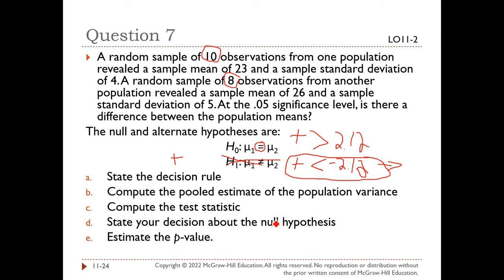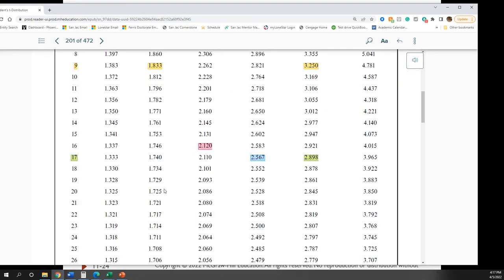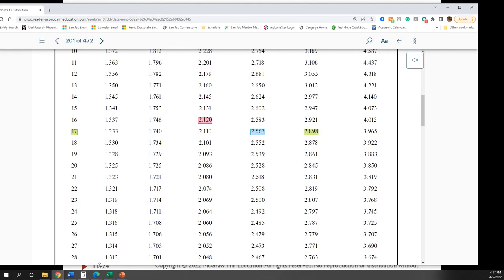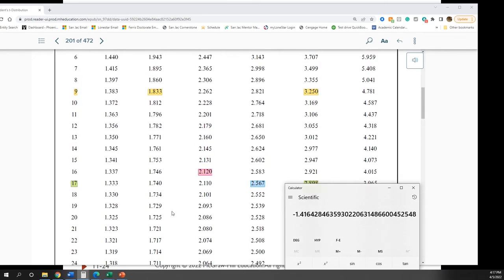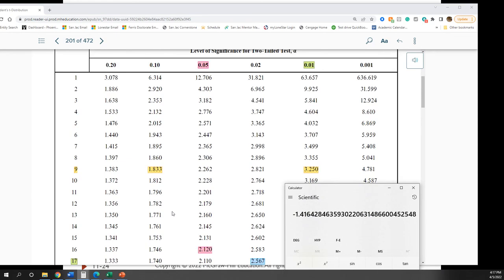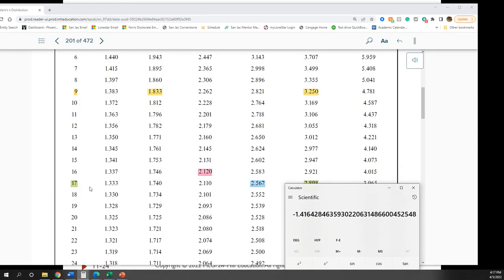So p-value. Okay. So looking for our item, we've got to go to the t-charts. And again, we're going to be looking for negative 1.416. So we're going to be looking for 1.416 and our 16.